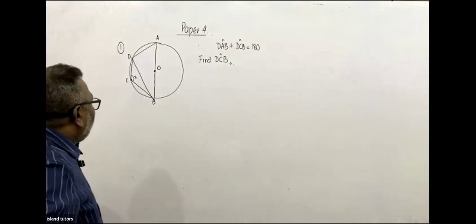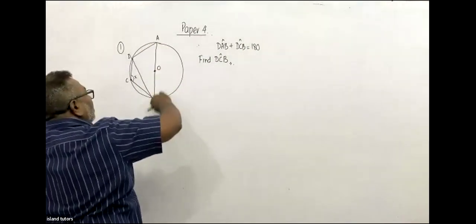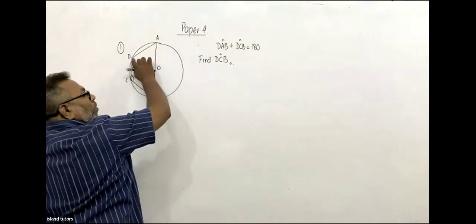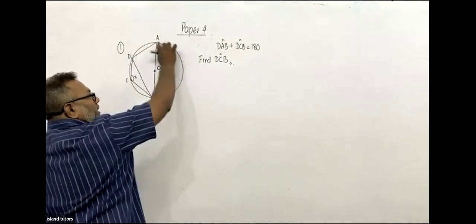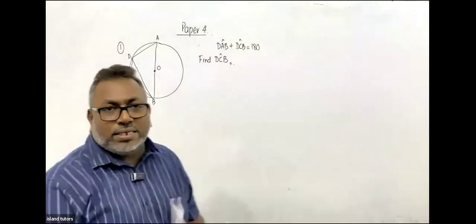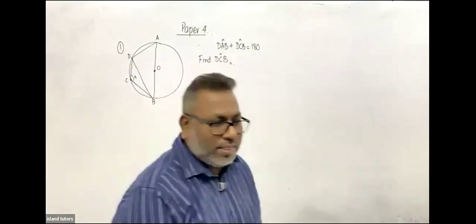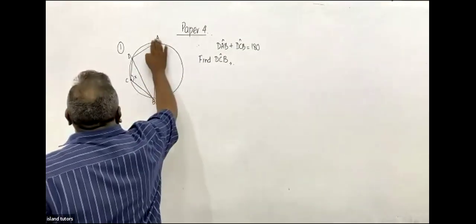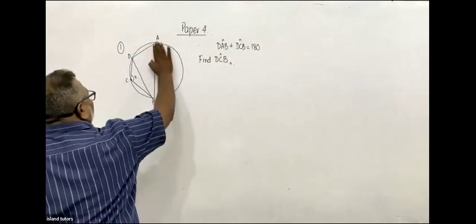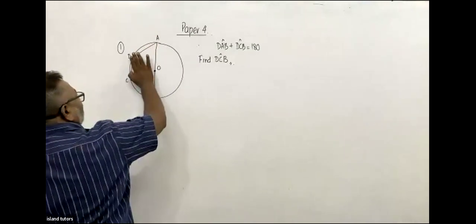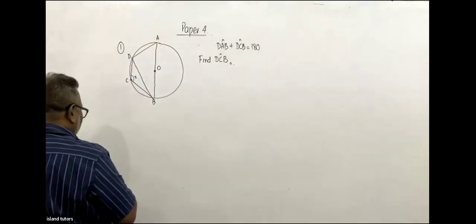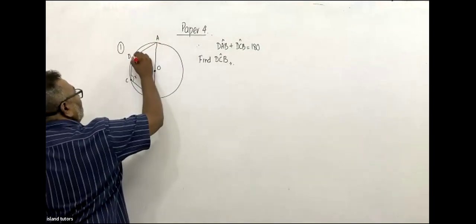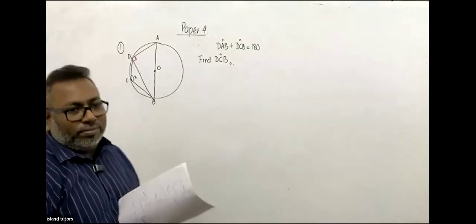So information, what do we have? AB is a diameter. Then you can see D is a point on the circumference. So if D is a point on the circumference, then using our knowledge, angle in a semicircle. So this is your semicircle. This angle is in the semicircle. Therefore, this angle becomes a 90-degree angle.